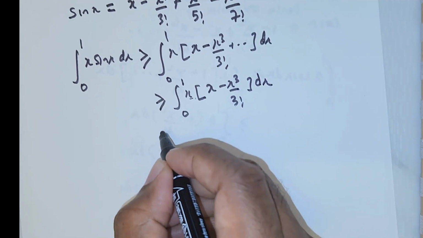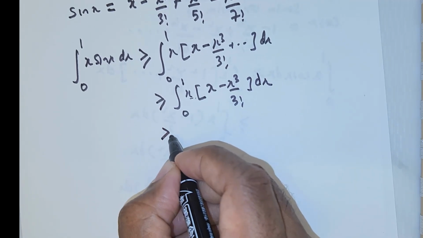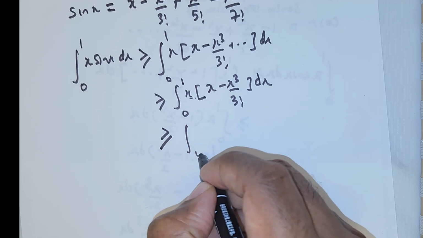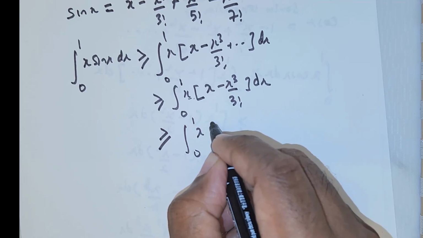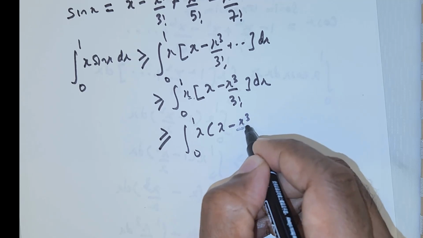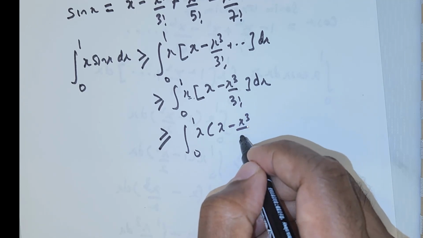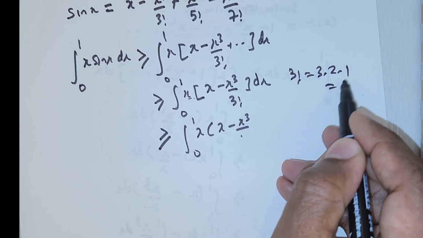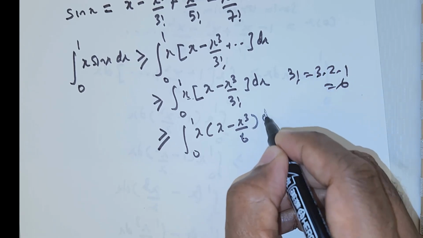times the dx. Now this in turn is greater than or equal to the integral 0 to 1 x times x minus x to the power of 3 divided by 3 factorial, which is nothing but 3 times 2 times 1, which is going to be 6. So this is what we've got.